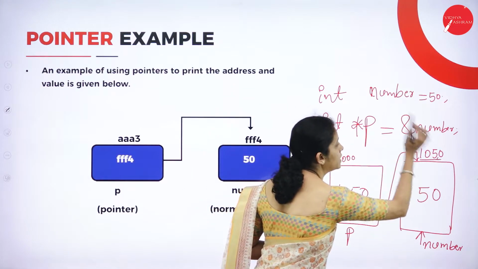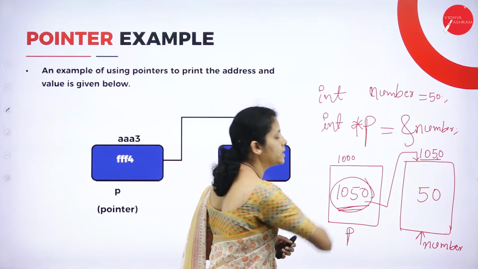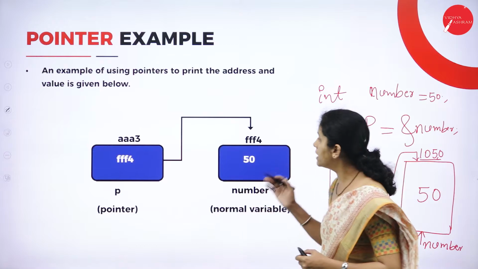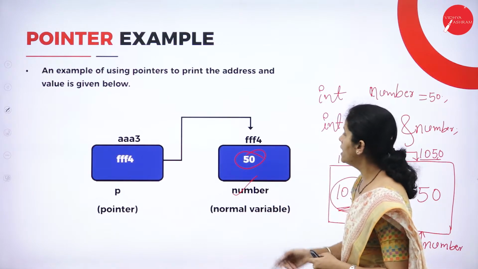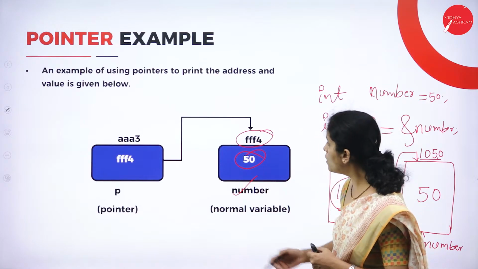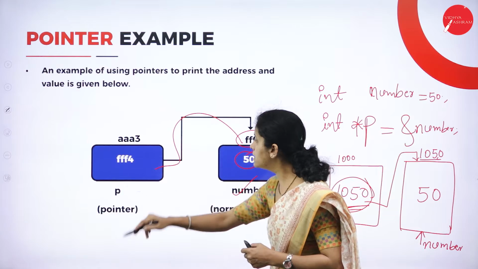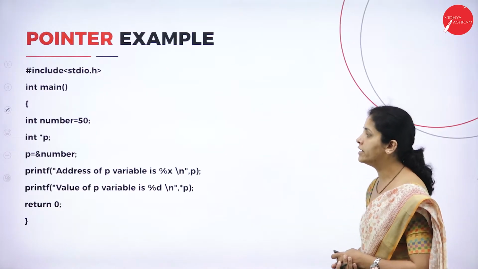What's the address of number here? It is 1050, so I'm going to store it in my pointer. And if I consider the example here, number is 50, and the address of number is FF4, and I'm going to store this address in my pointer p. So this is all about pointers.